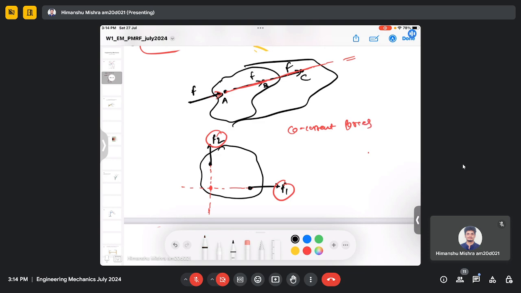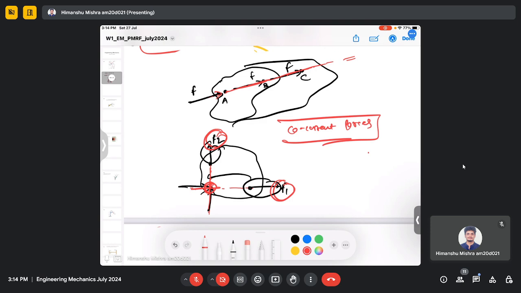Because you can slide this force here and this force here, as we discussed. The response of the system will be the same, because according to the principle of transmissibility, you can slide the force along the line of transmission. And you can see the lines of transmission are intersecting at a single point here, so these two forces are concurrent forces.